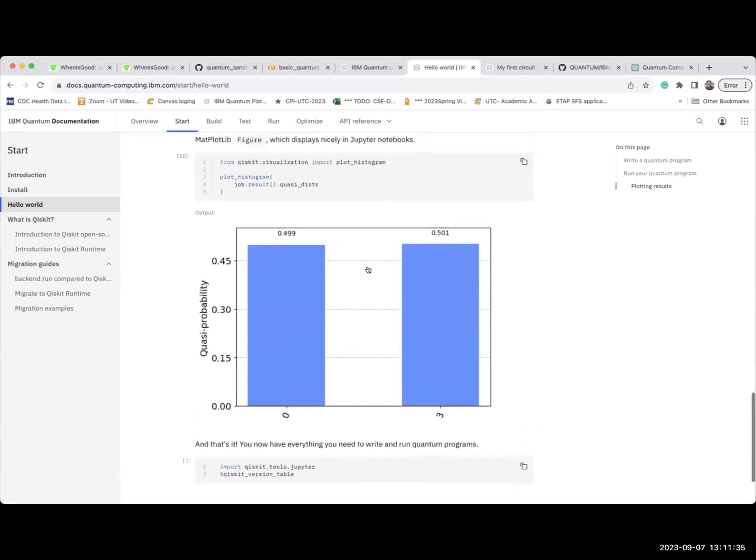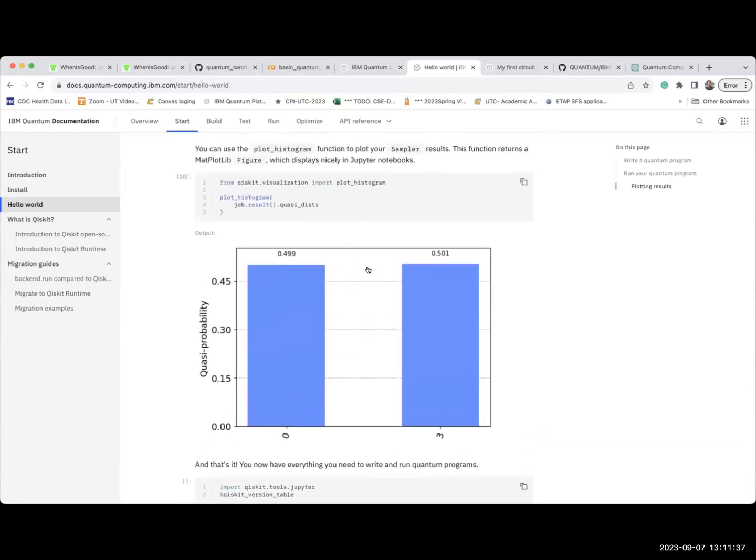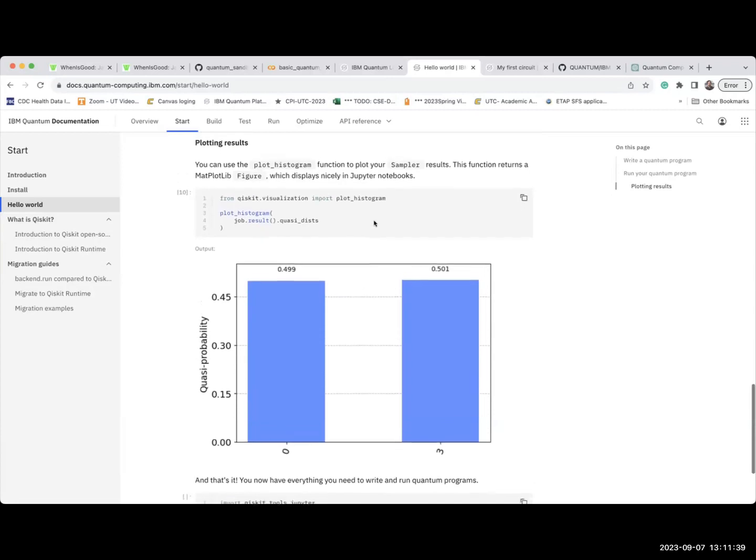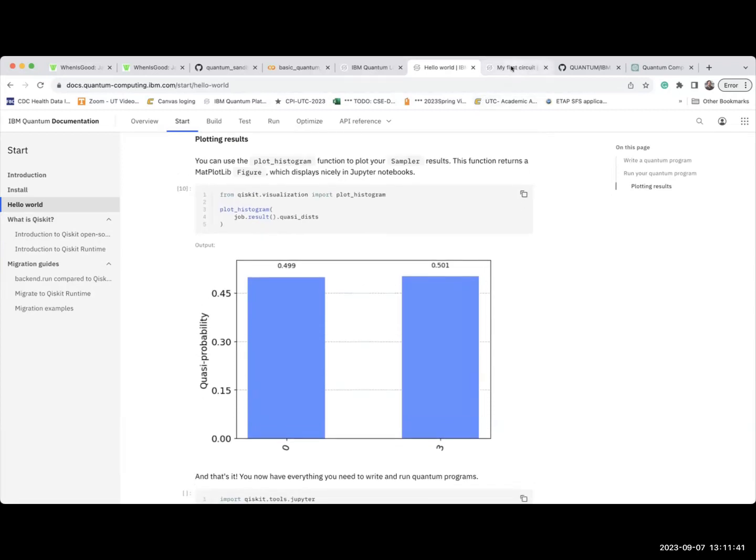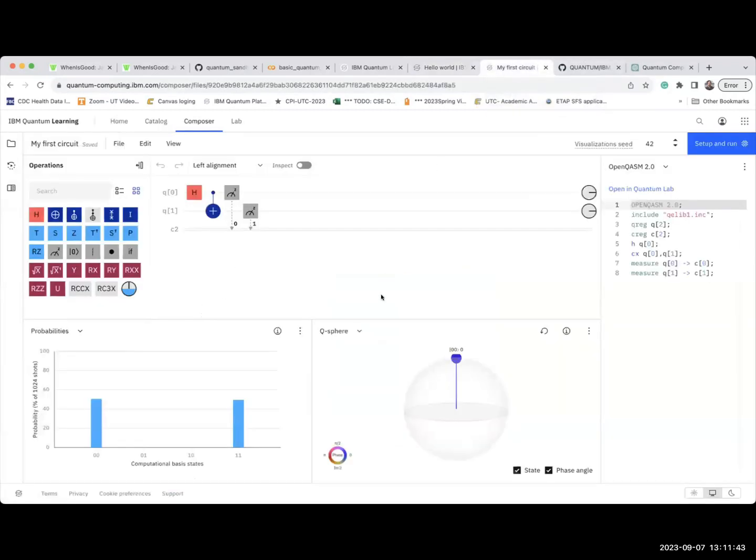Which means there are other possibilities which are not there. The point is 00 and 11 occur, but the other two states do not occur, because the two qubits are entangled.